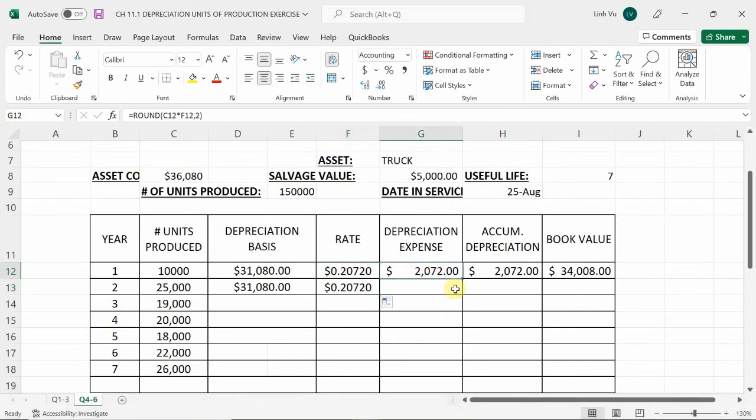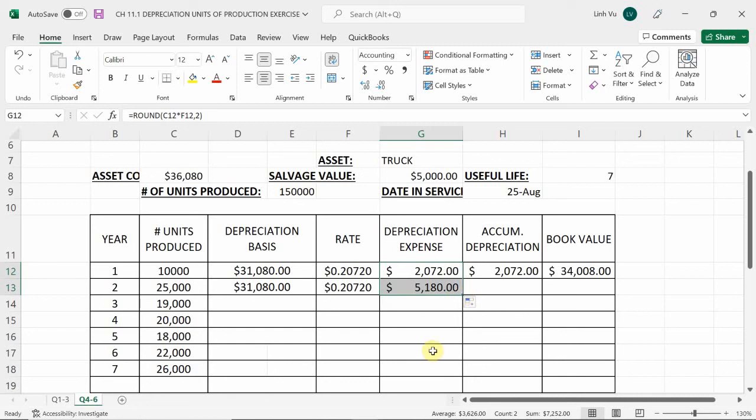If I drove 25,000 miles at 20.72 cents per mile. $518. 5,180. I left off a zero.